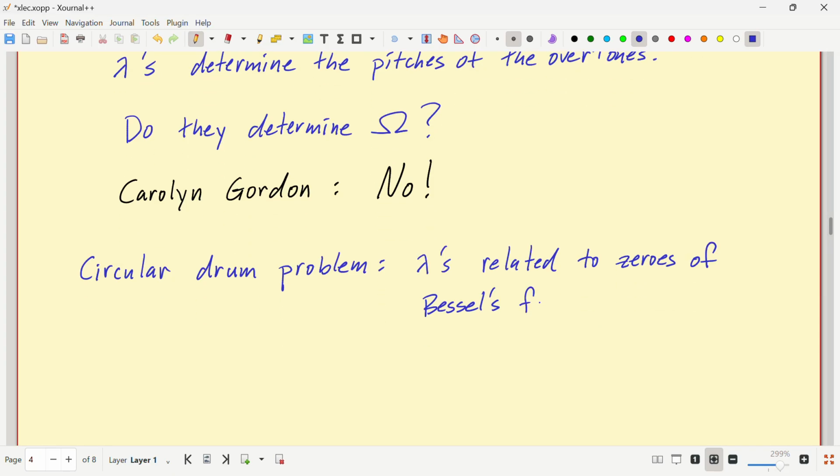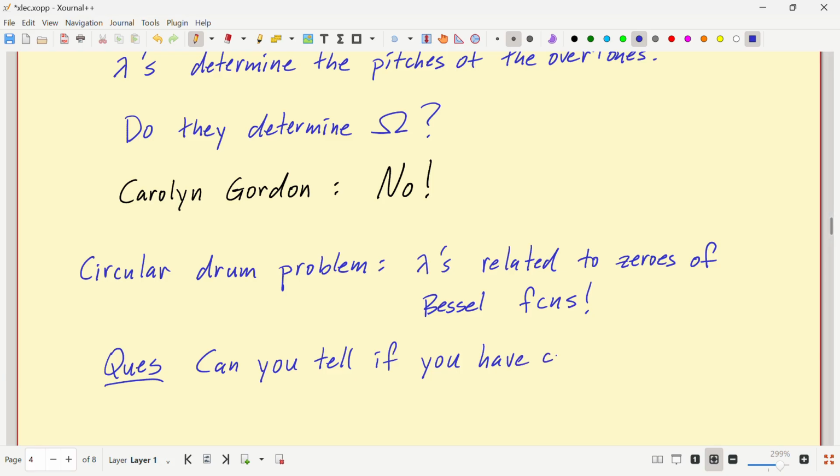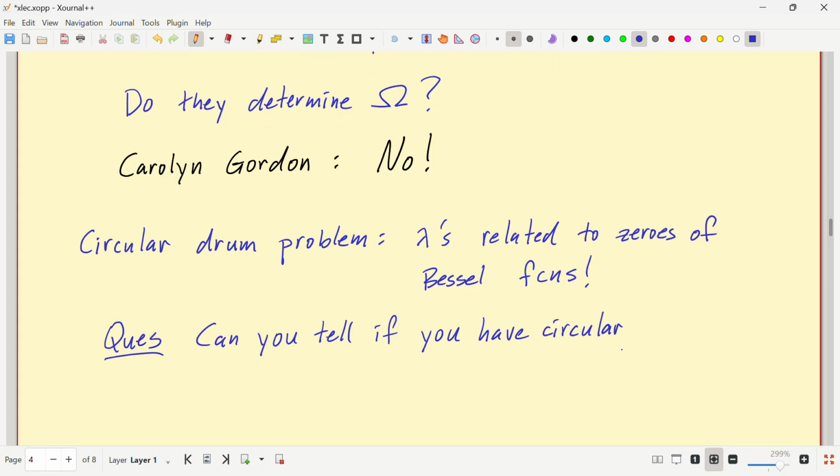Bessel functions have been studied to death because they come up in circular problems. So those are really interesting problems. I guess it's called spectral theory, if you want to look it up on Wikipedia, if you have a circular drum.